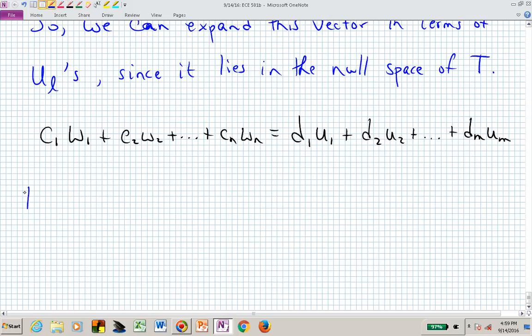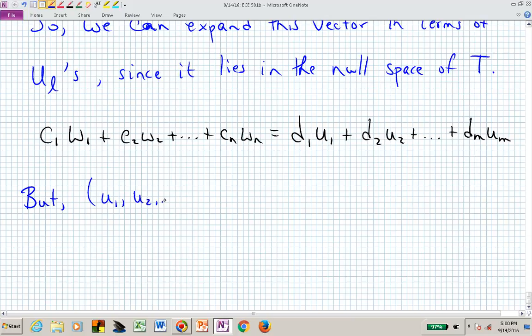The W's were created to extend our basis so that we now had a total set of basis vectors for the input vector space V. So the U's were a part of that, a basis for the null space of T. We built up on that by these W's, and now the W's and U's were a basis of our input vector space.